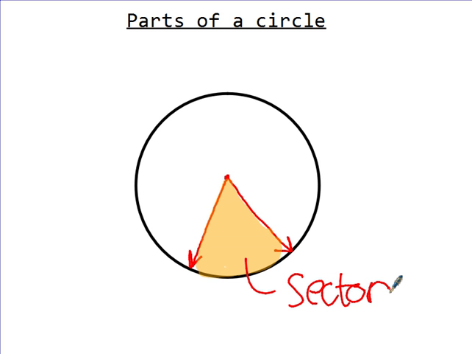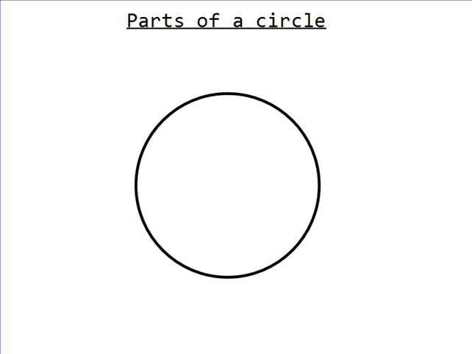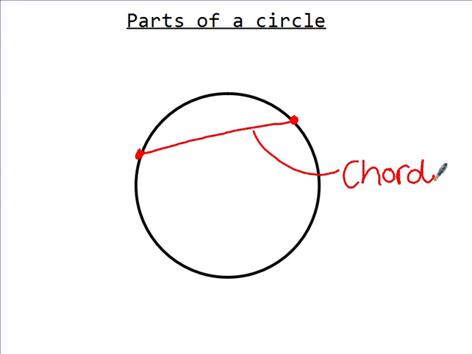Now the last thing we need to learn is segment. So I'm going to go on a new diagram, and I'm going to draw myself a chord. Here I've got 2 points on the circumference and a line that joins them up. That's a chord. And then I've also got myself an arc, because if I join this point to this point along the curved edge, let me do that a bit neater, along the curved edge, I've got an arc.